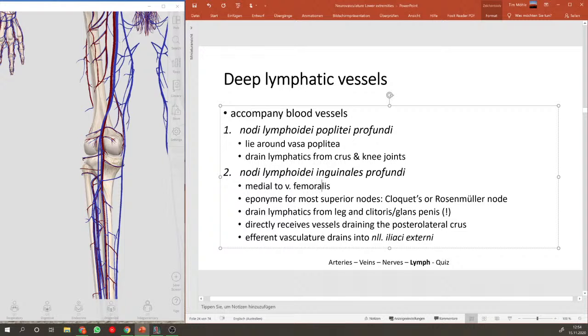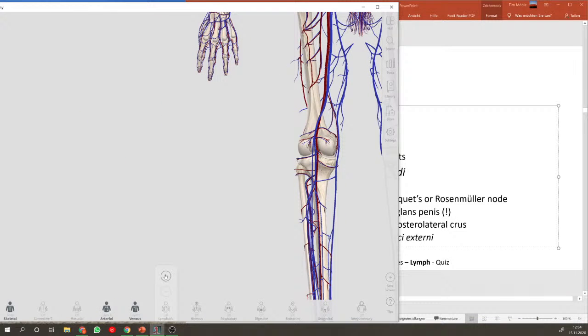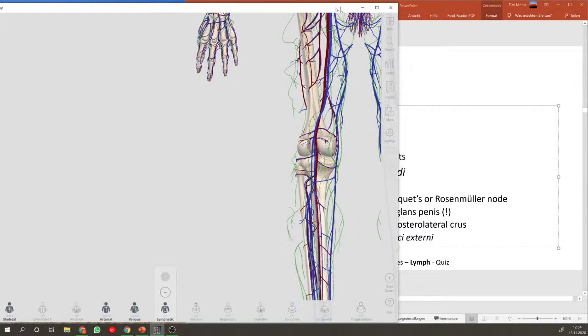So the deep popliteal lymph nodes lie deep to the vessels in the popliteal fossa. I'll try to show them to you, but this is just for illustration. Again, you won't find any of these in the specimen. Maybe some lymph nodes, but yeah.